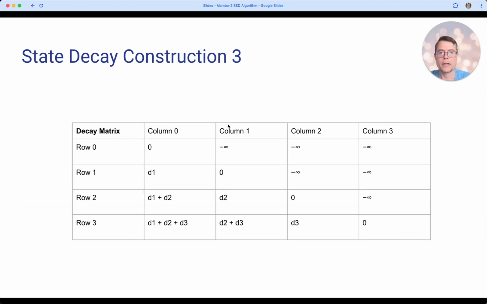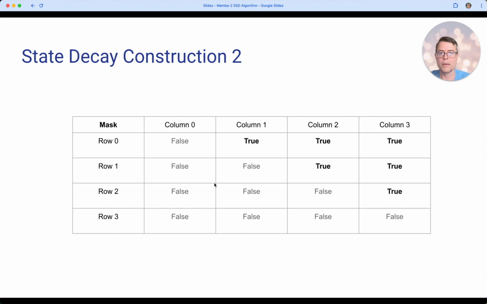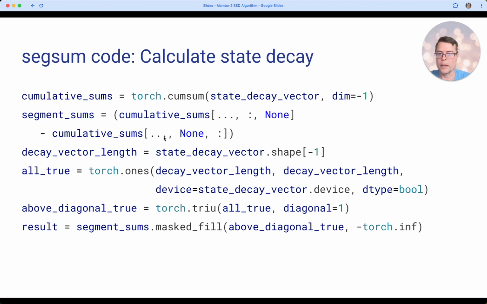And so that gives you basically this triangle, where we've got the cumulative sum vector this way subtracted by the cumulative sum vector this way. So this is the one higher dimension, this is the last dimension. And so that's what this code is doing.